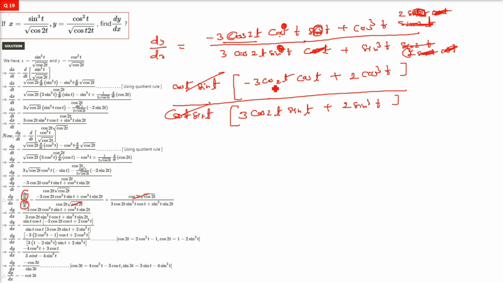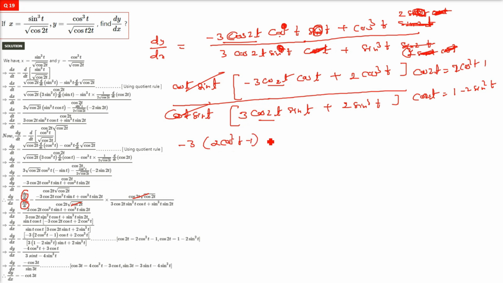What do we do here? Now this cos 2t we have in the numerator also, and cos 2t in the denominator also. So in the numerator I will put cos 2t as 2 cos square t minus 1. In the denominator we will do differently. In the denominator I will write cos 2t as 1 minus 2 sin square t. So what are you going to get?